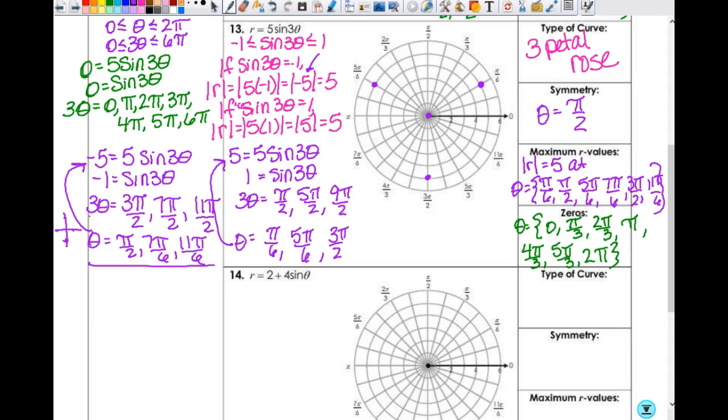That symmetry could be helpful here. Now, as far as plotting extra points, the nice values we like for sine go with pi sixths, and we've already used that one, so we're not going to be able to do that. But on the roses, we're going to graph them kind of like you graphed them before you even knew what you were graphing, knowing that from here at pi sixths, my first 0 is at pi thirds.